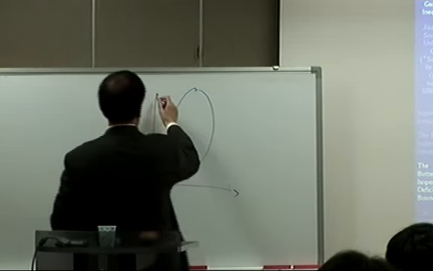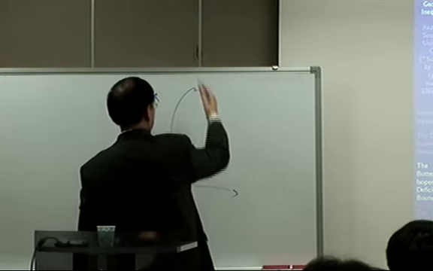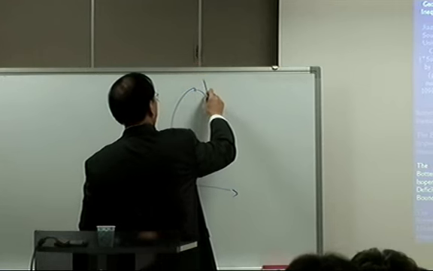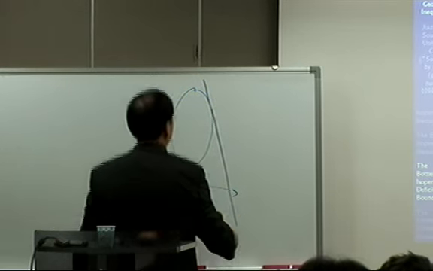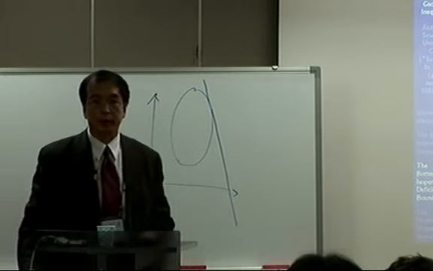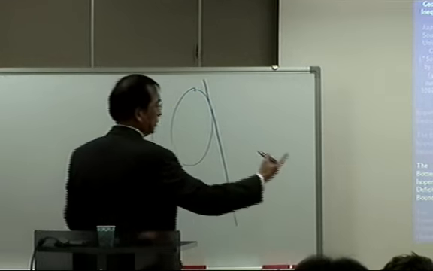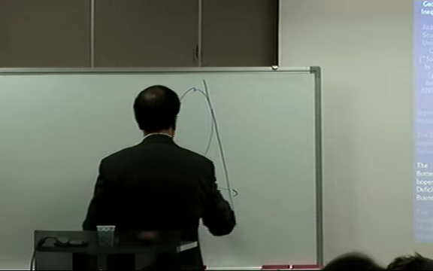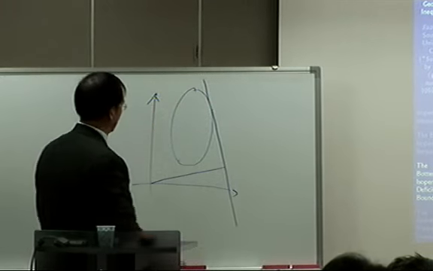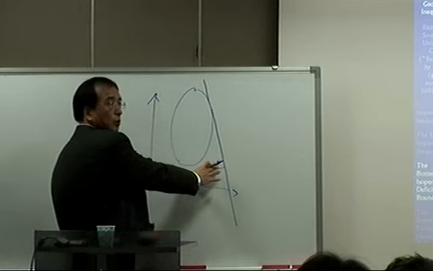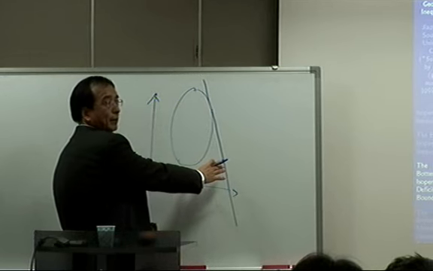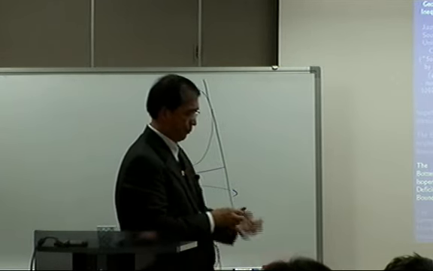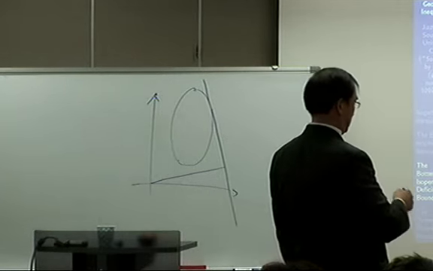For any point here, if you have the hyperplane, the tangent plane, what's this rho x? Rho x is the distance from the origin to the tangent plane. That is the support function.